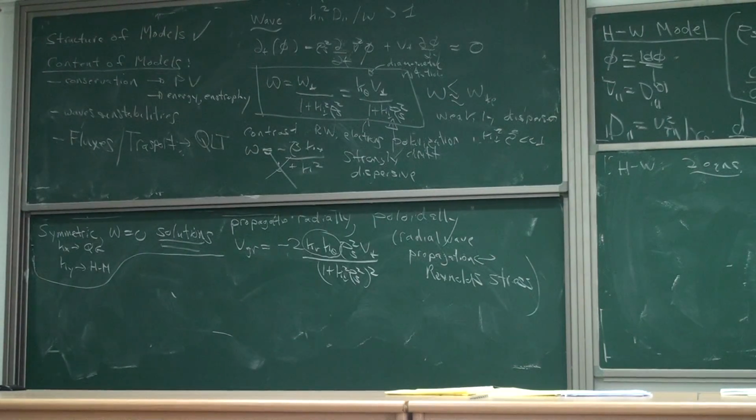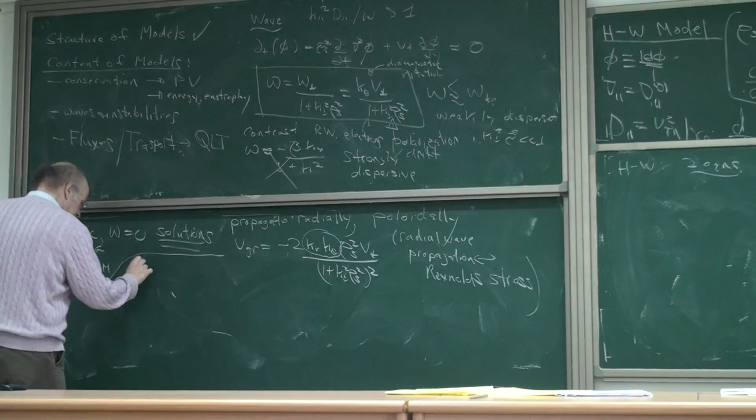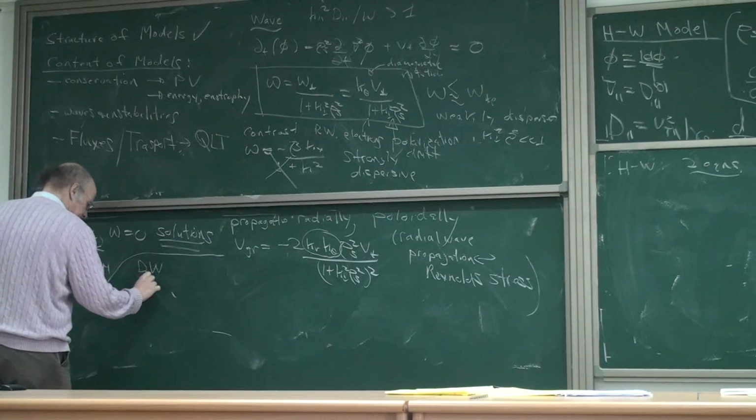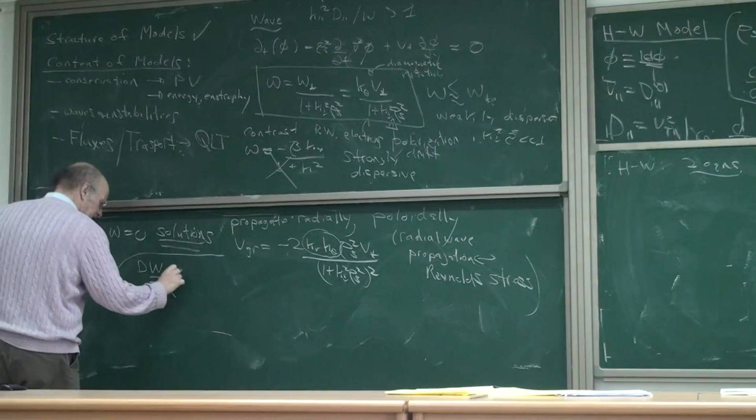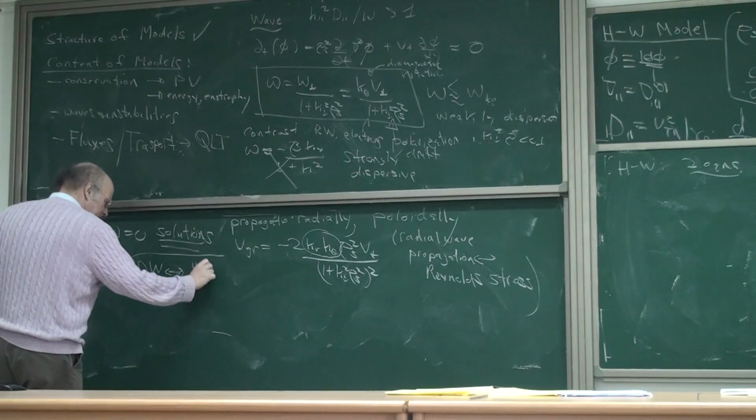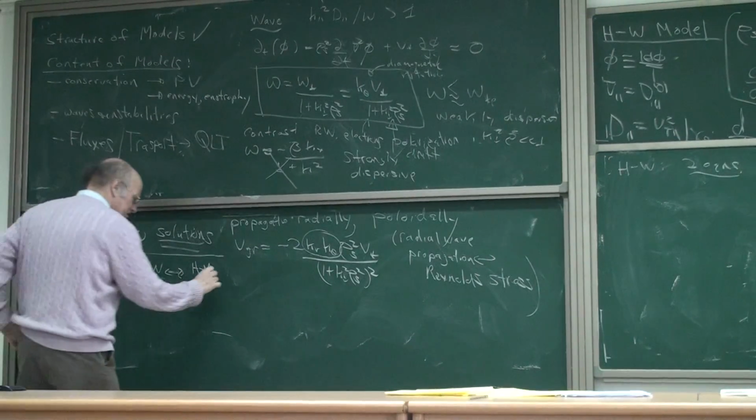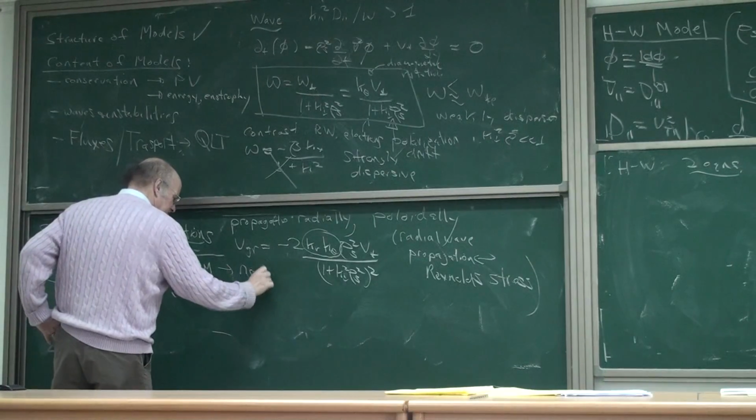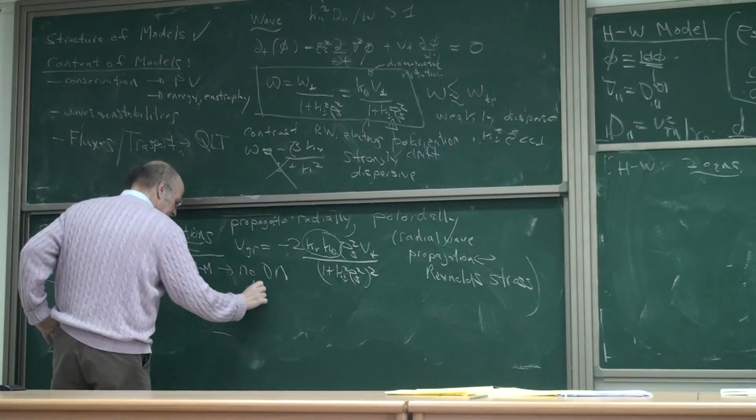So, the basic drift wave coming from the Hasegawa-Mima model, right? There is no grad n driven instability.